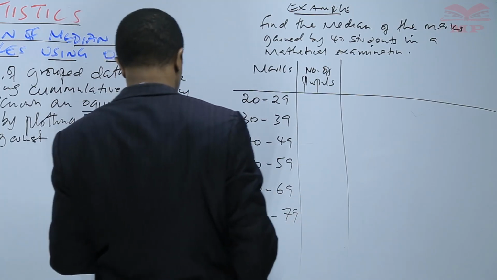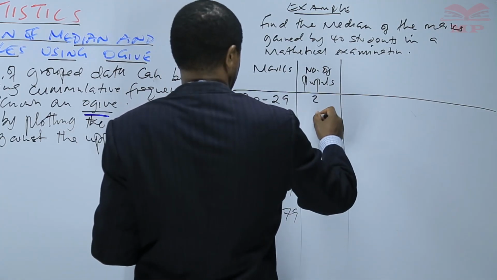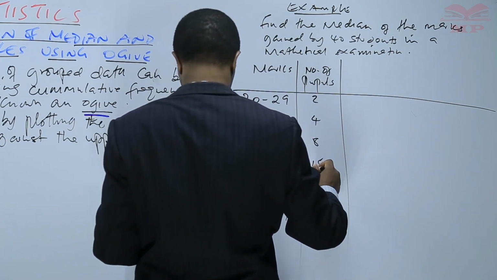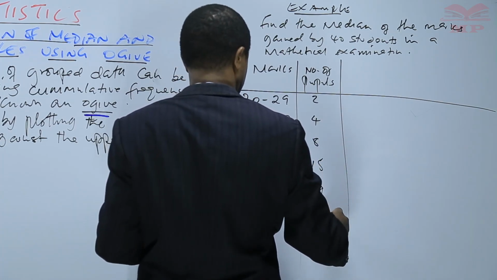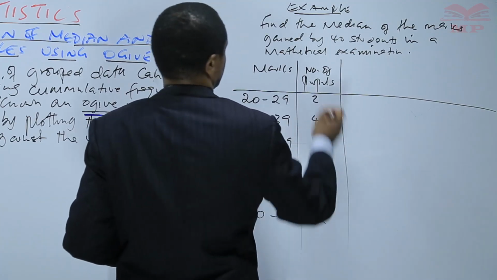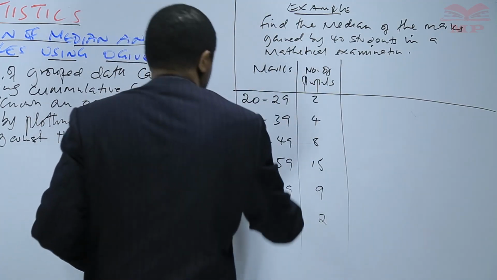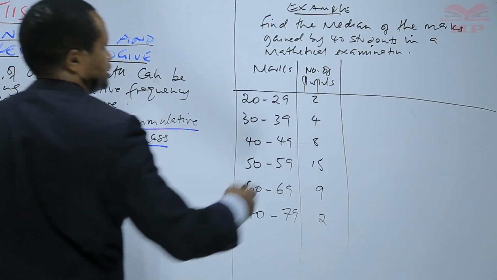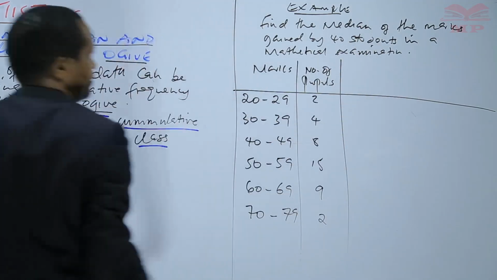The number of pupils are 2, 4, 8, 15, 9, and 2. So we are going to use this example to estimate the median.